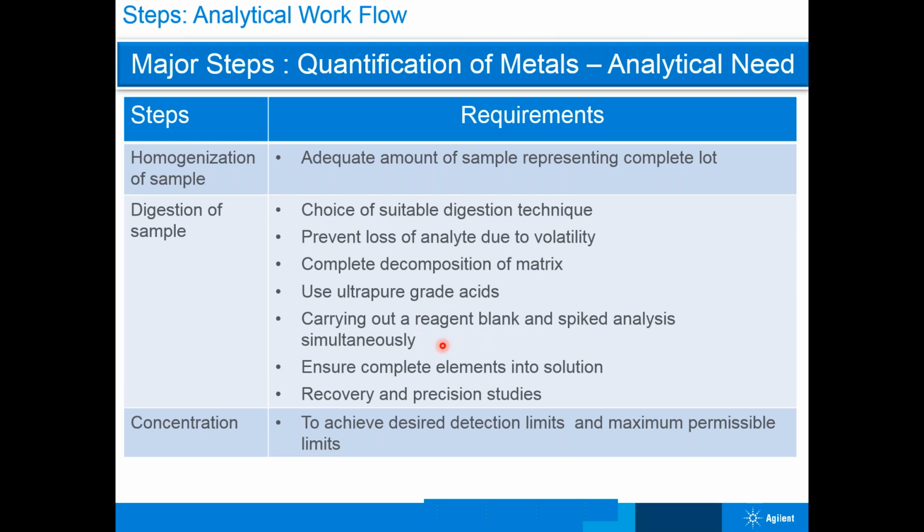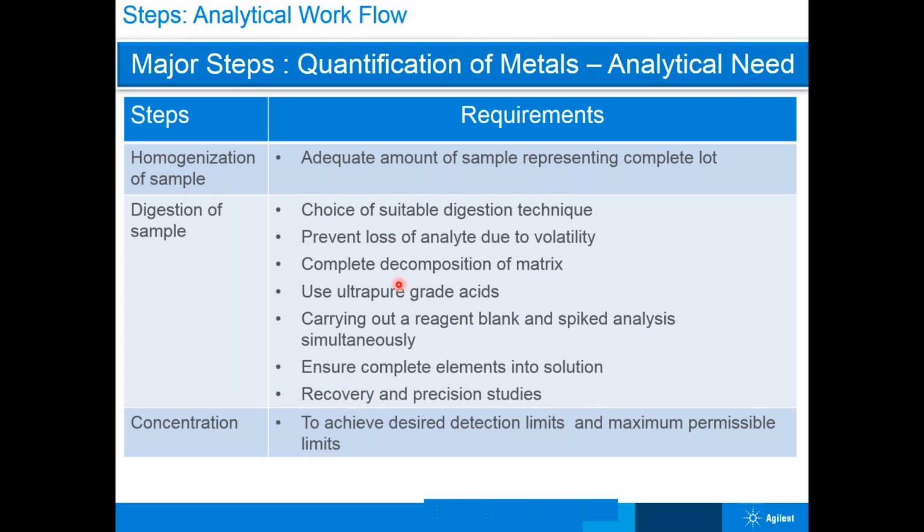Irrespective of the technique, whether you want to estimate by AAS, ICP OES or ICP MS, every time we have to prepare the blank along with the spiked sample. We have to ensure that all our elements remain in the solution, and we have to do the recovery and precision studies.